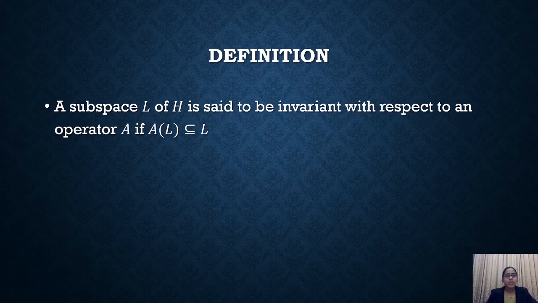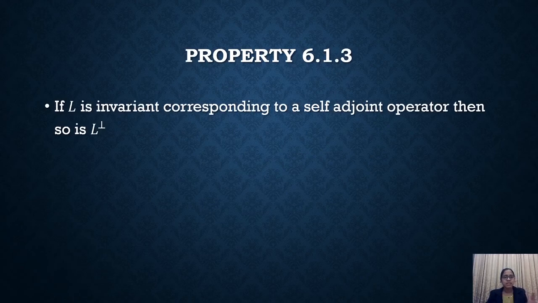So next is the property relating invariance and the self-adjoint operator. The third property is that if L is invariant corresponding to a self-adjoint operator, then its orthogonal complement will also be invariant. That is, if we have a self-adjoint operator A, and if A of L is contained in L, then A of L orthogonal will also be contained in L orthogonal.